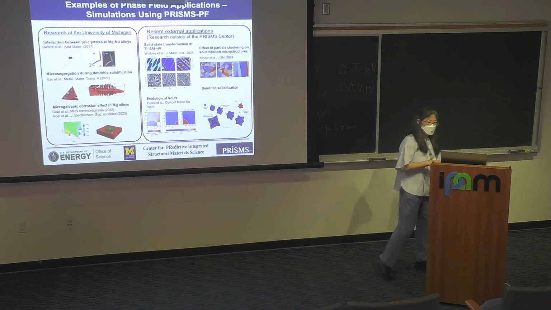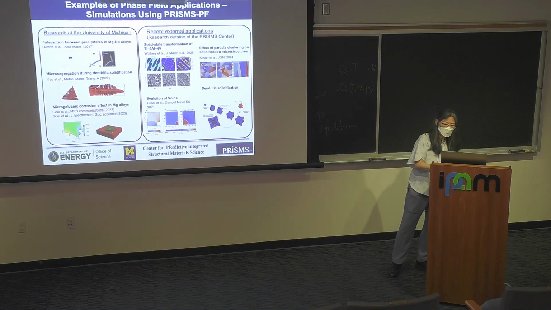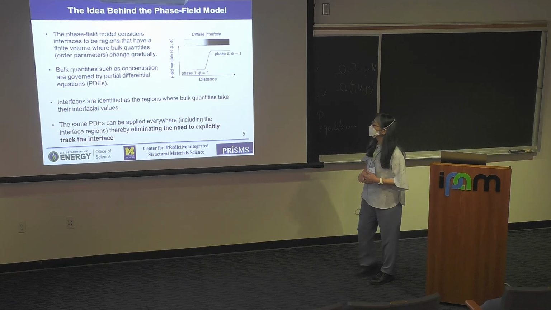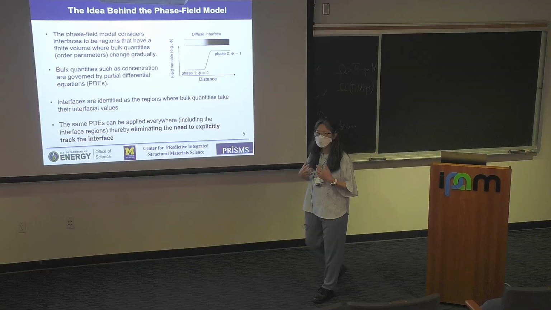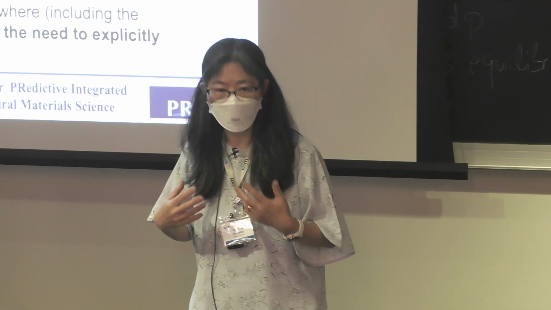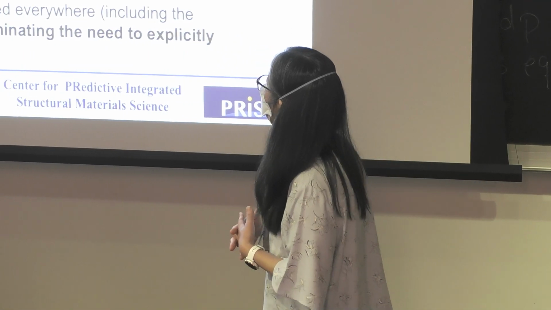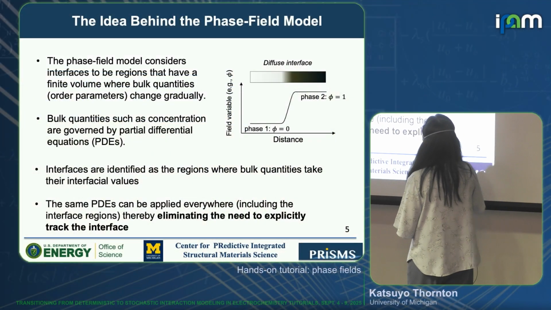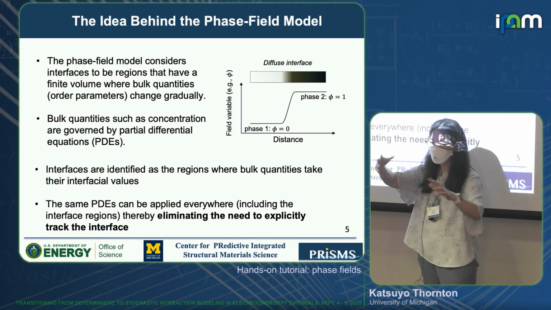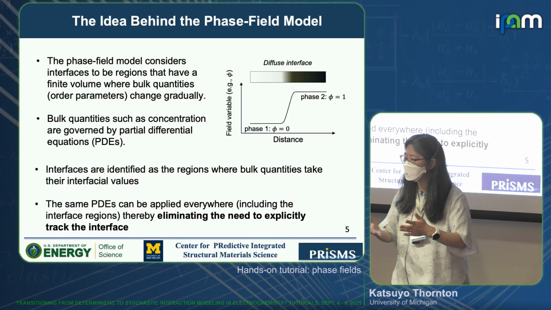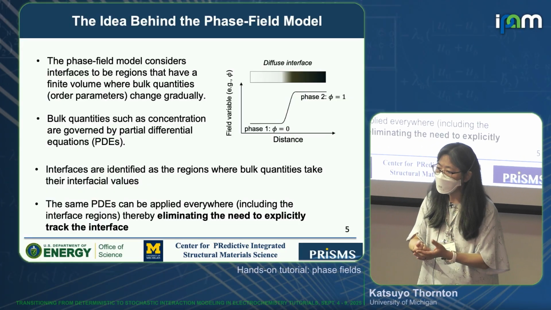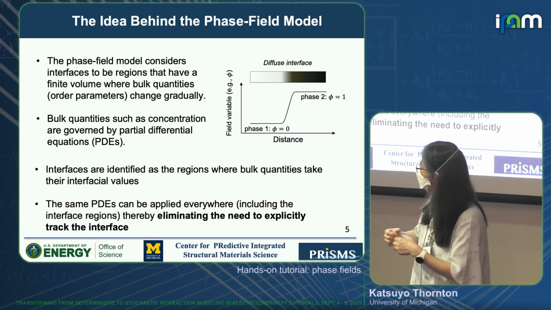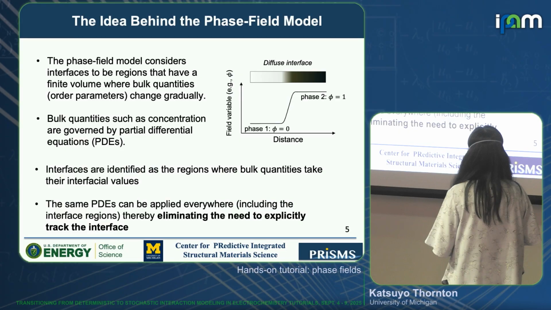Okay, so the idea behind the phase field model is like this. It's basically the combination of thermodynamics and kinetics. The key point here is that when you have microstructure, it may be very complex, and sometimes pinching might happen, or a new surface might appear because of nucleation.